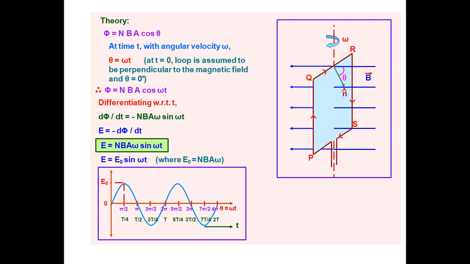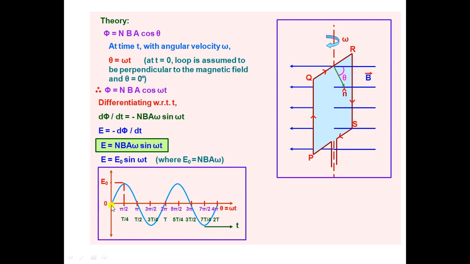Now if you draw the graph of E versus t, E naught is the peak value of the EMF with respect to time. The graph shows the output of the AC generator.